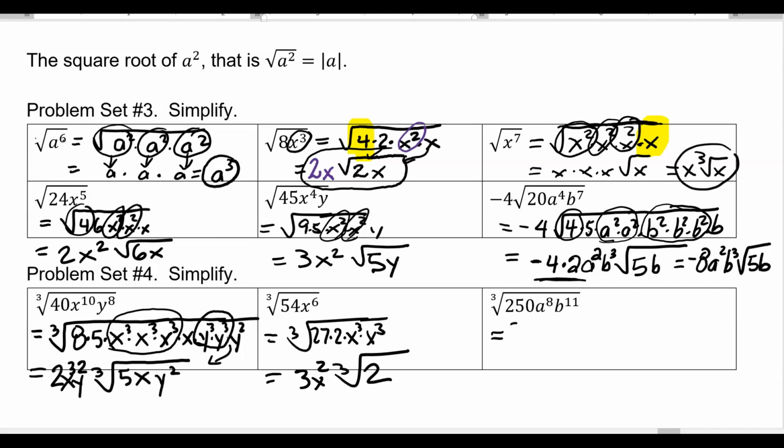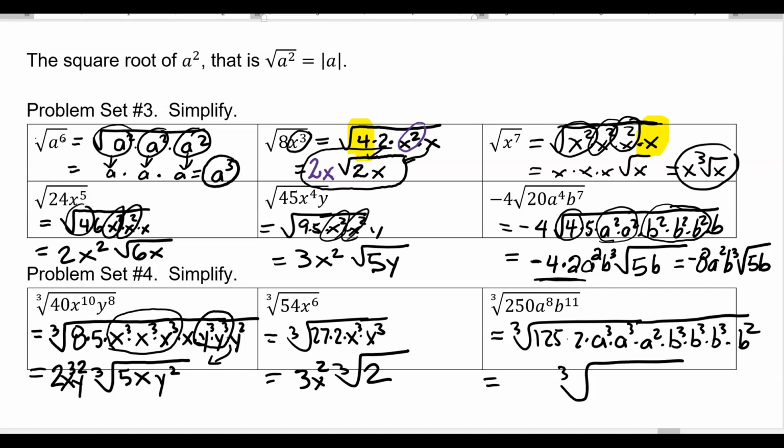So we have the cube root of 125 times 2, a cubed, a squared, b cubed times b cubed times b cubed times b squared.